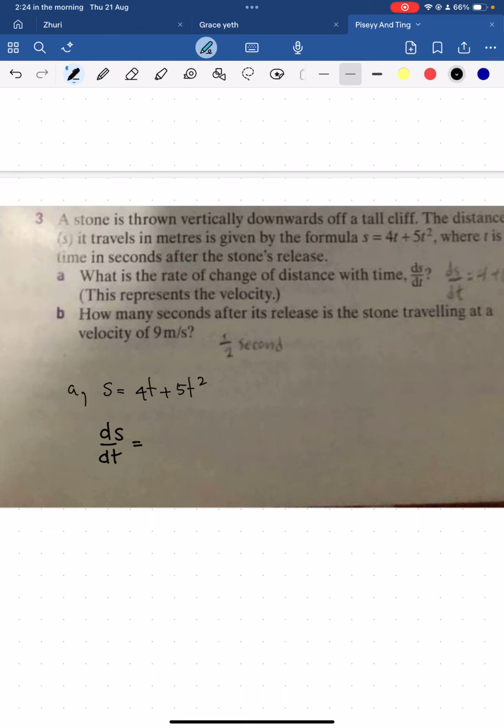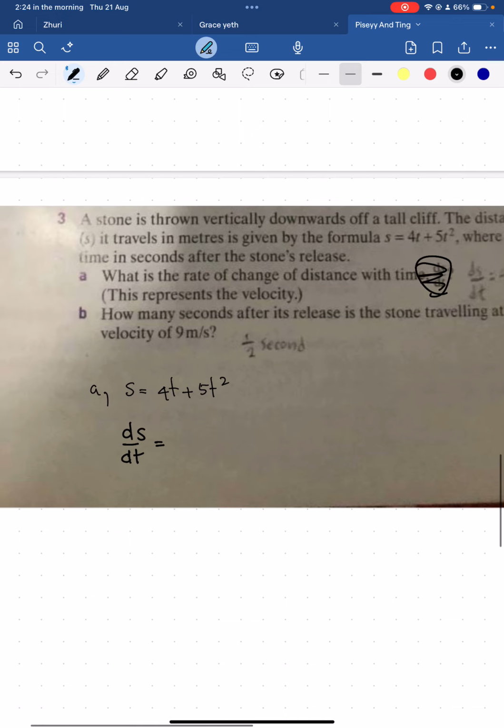Which means the derivative of s, they are telling us about that. But even if they don't, we still know, because rate of change of distance means the derivative of this distance. They told us the distance is like this. Actually, it is kinematics, so s represents the displacement.